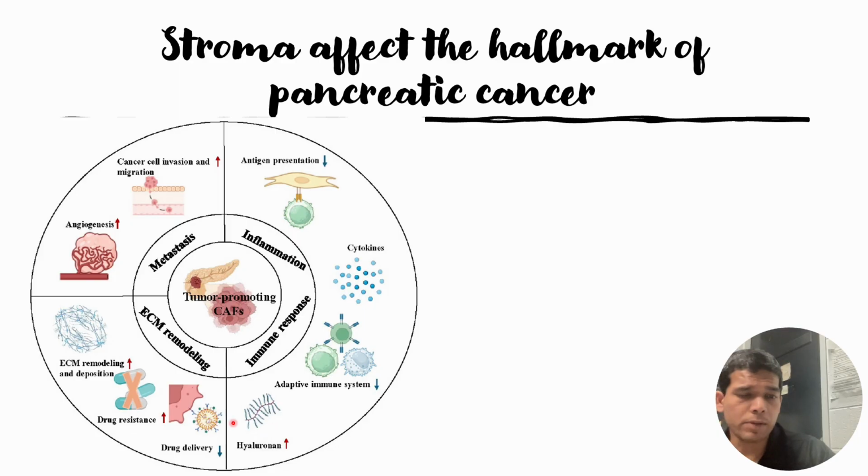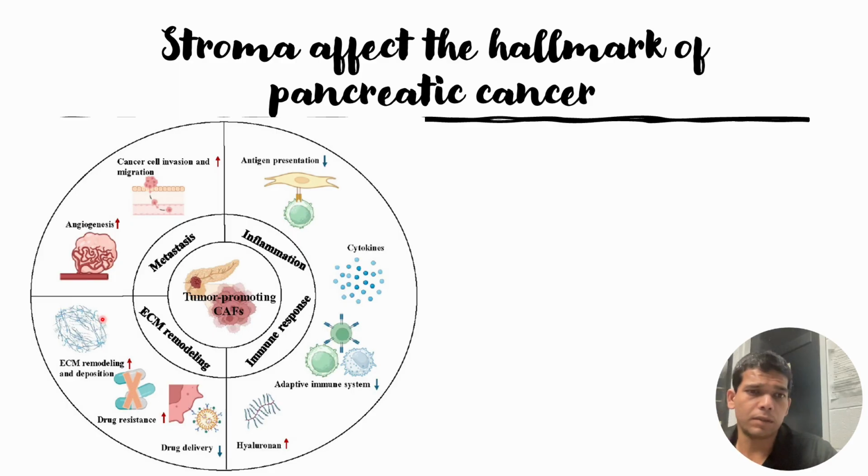At the same time, it will also lead to an increase in the amount of hyaluronan, which will also act towards preventing the interactions of the immune cells and the tumor cells. And because of this fibrotic stroma, the ECM remodeling that occurs will prevent drug delivery by increasing the resistance to the drug.